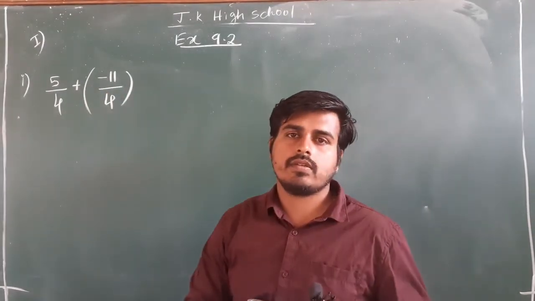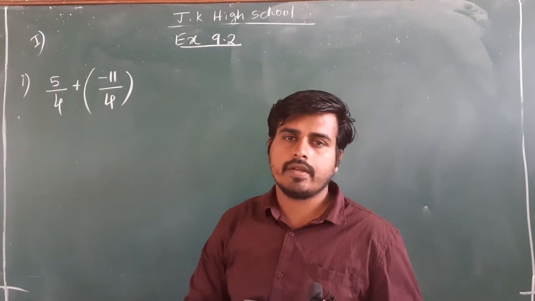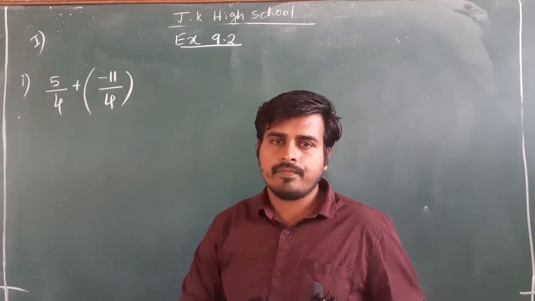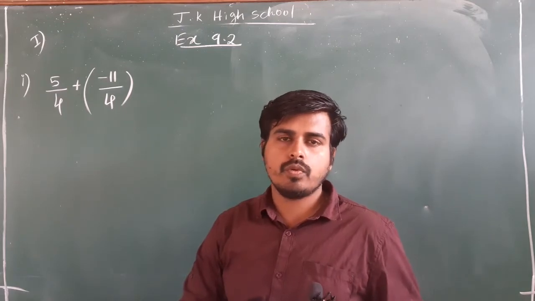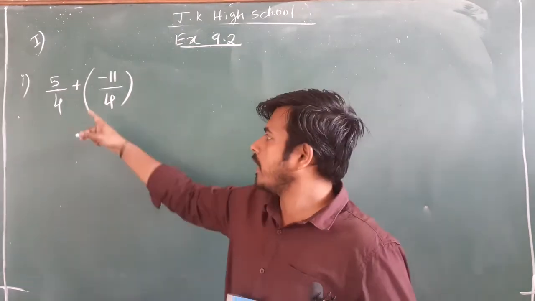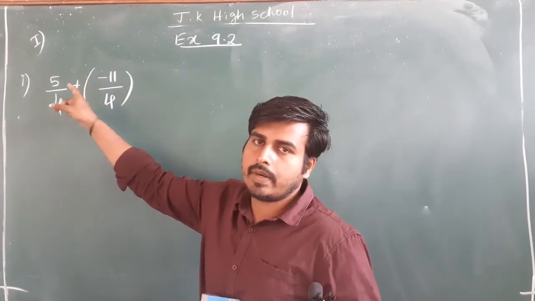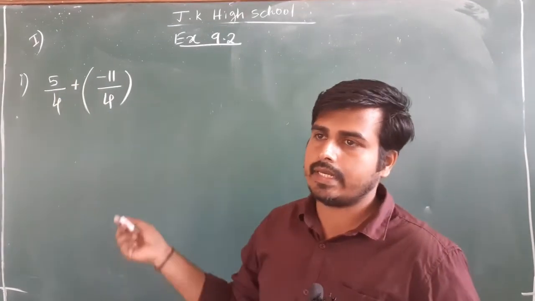The rule says whenever any number is inside a bracket, our first duty is to remove it. To remove any bracket, you need to multiply the outside sign with the inside sign so that the bracket opens and the inside rational number comes out.